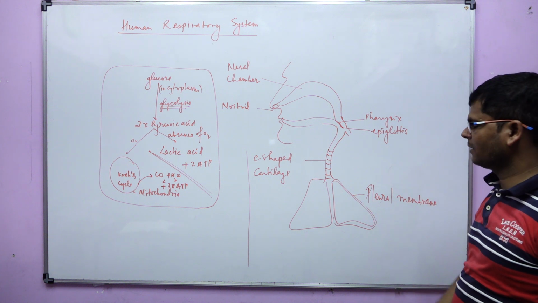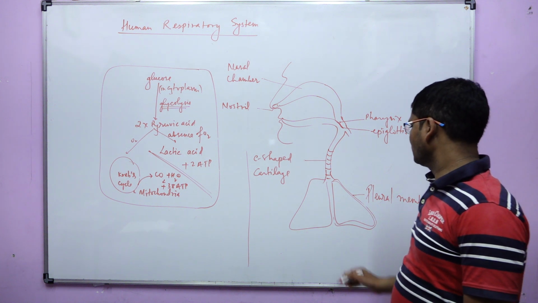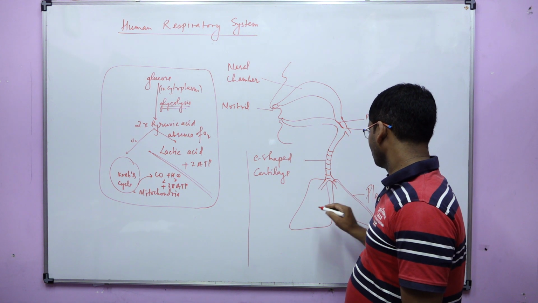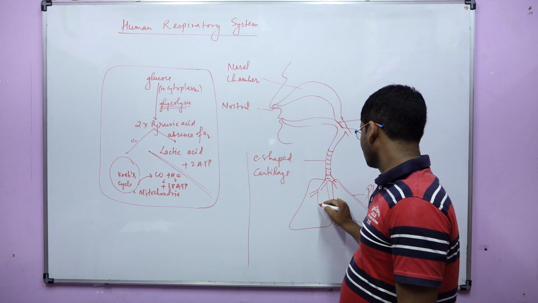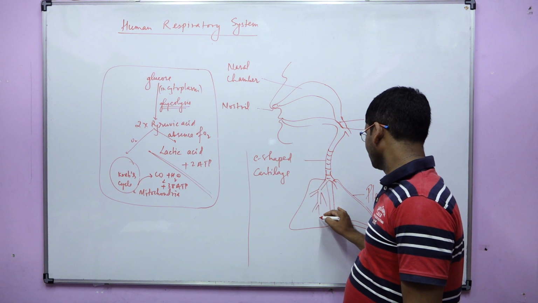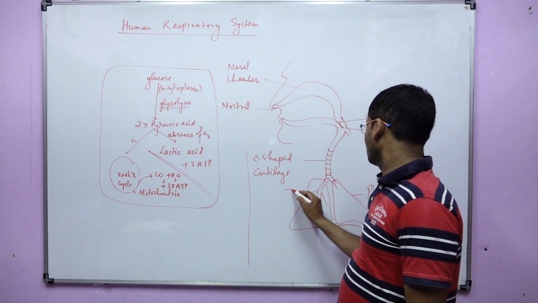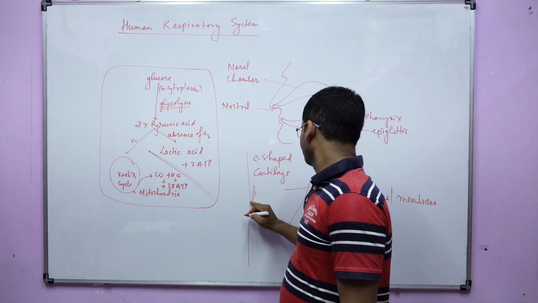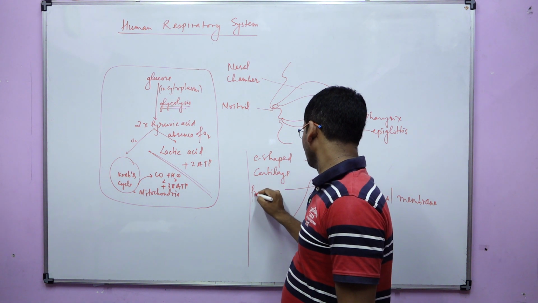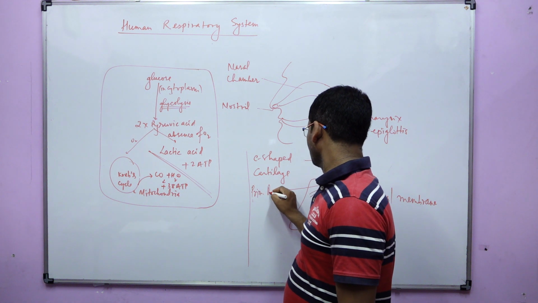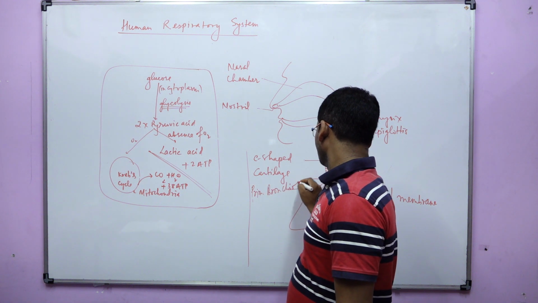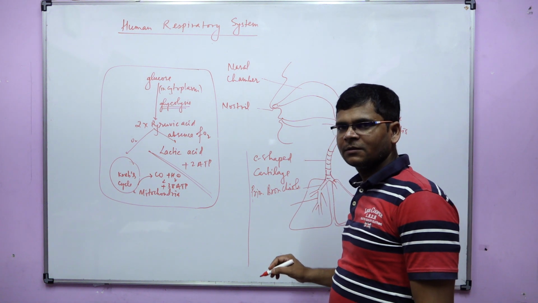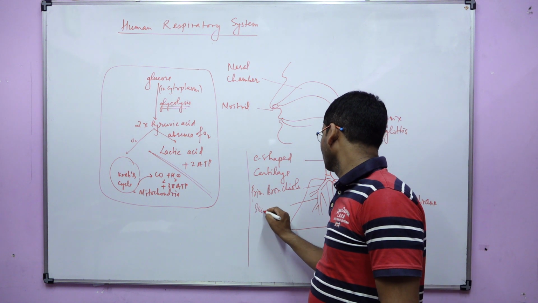This cartilaginous tube divides and gets branched several times. First we have the primary bronchiole, then the secondary bronchiole, since it gets divided further.